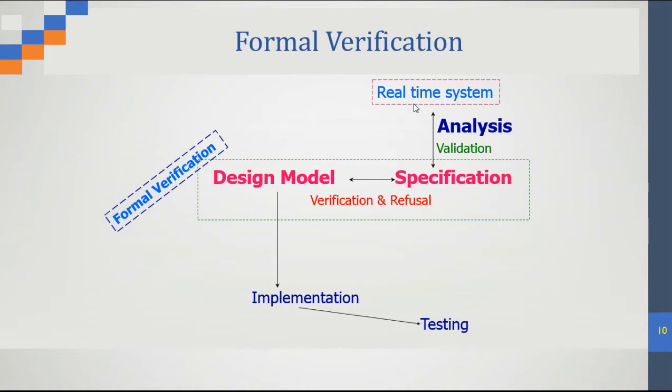By doing so, you save time and money. You save time because if you capture the errors now, it will cost you less than capturing the errors after implementation or after developing the system.